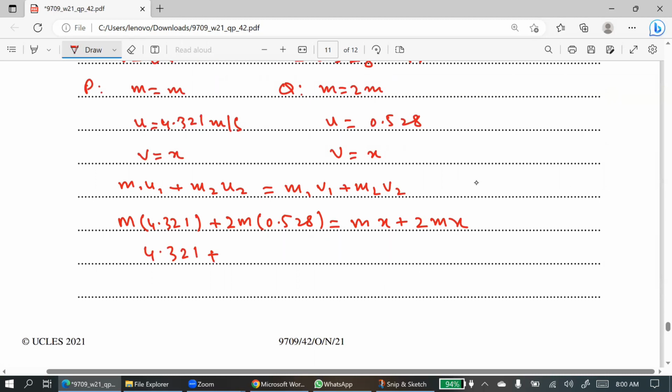So 4.321 plus 2 into 0.528 is equal to, हम m सारे कैंसिल कर देंगे, 3x. x is equal to 1.79 meters per second. So this one is the speed of the two particles after the impact.